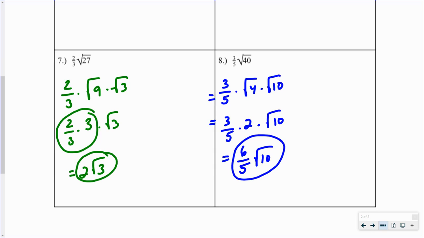Again, you have two different ways that you can approach it. One would be to take the prime factorization of the number that's underneath the radical, which is called the radicand. If you do that, you're always going to end up with the correct solution. The other way you can do it is to use your number sense and think about, okay, what number can go into this radicand that is a perfect square? And that tends to be the more efficient way of doing things.